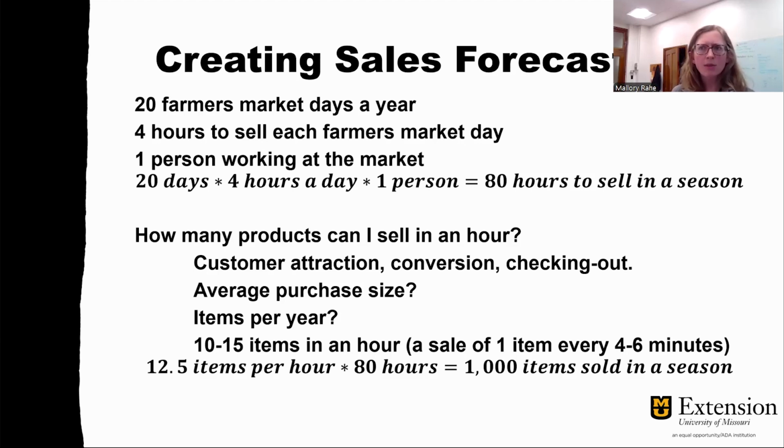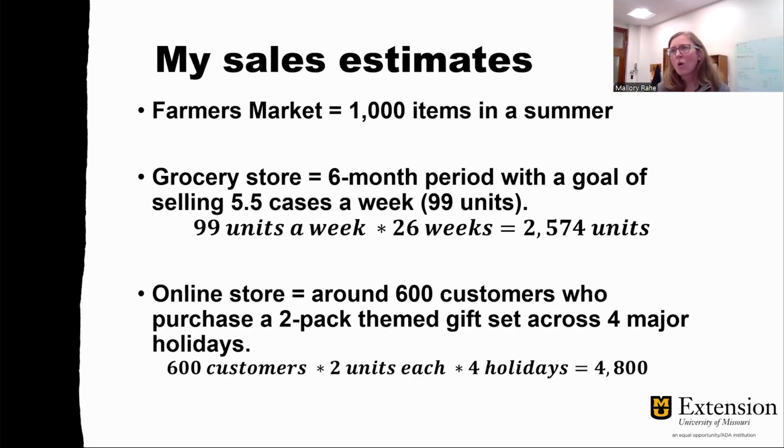Sometimes it'll go faster, sometimes it won't. But because this is a new product that I'm bringing to market and I haven't sold it at the farmer's market before, doing this calculation, as rough as it is, will help me gauge my progress on this sales forecast that I set up. So I'm going to say 1,000 items in a summer.